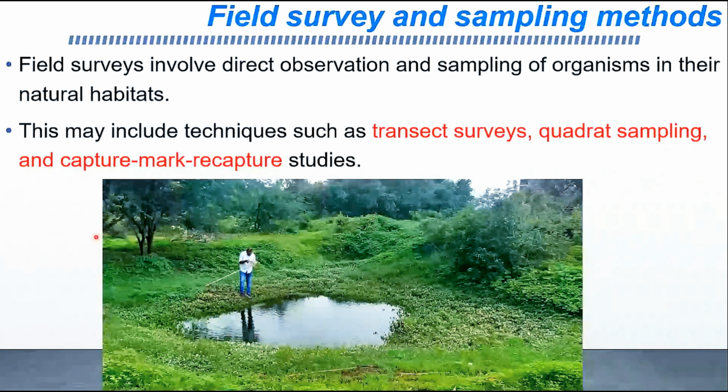So here you can directly observe the plants, the animals, the microorganisms or zooplankton that are present in this particular habitat. Now, to do this, you need to use some sampling techniques called transect surveys, quadrat sampling, or in case of mammals, capture, mark, recapture studies.